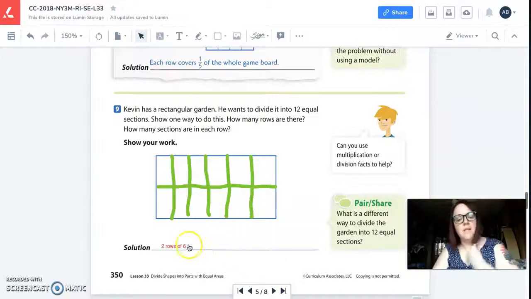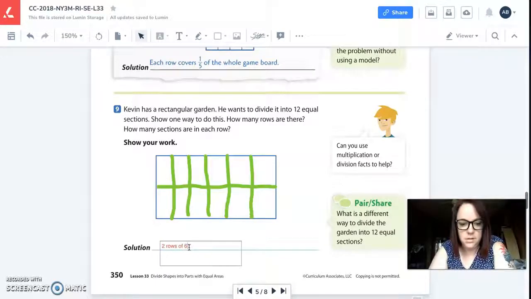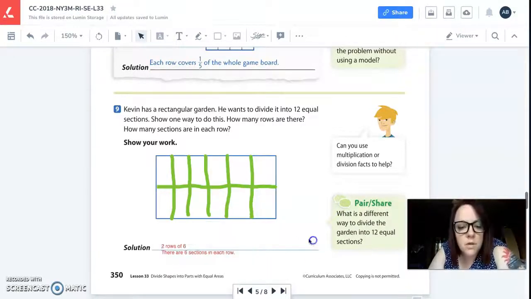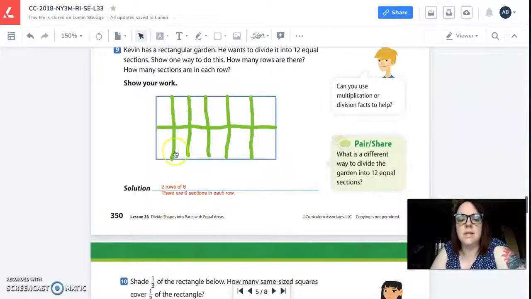So 2 rows of 6. And I'm just going to add a comma. There are 6 sections in each row because they want to know what's in each row. So that means there's 1, 2, 3, 4, 5, 6. Okay. I just wanted to make sure we were correct and on the same page. So 2 rows of 6, there are 6 sections in each row.